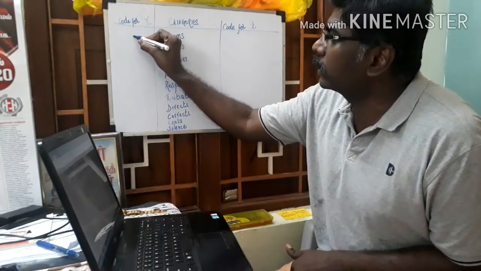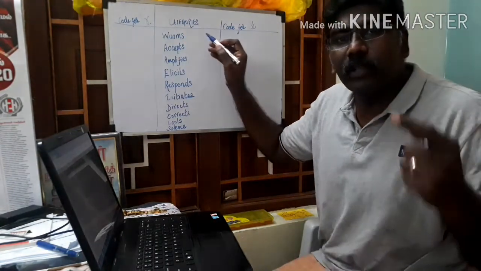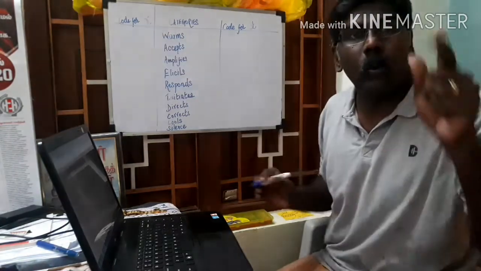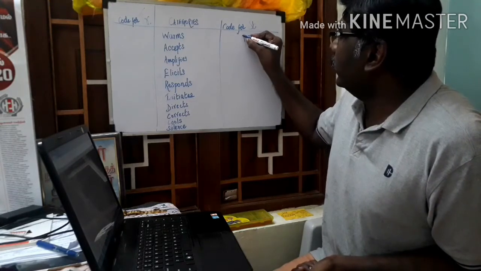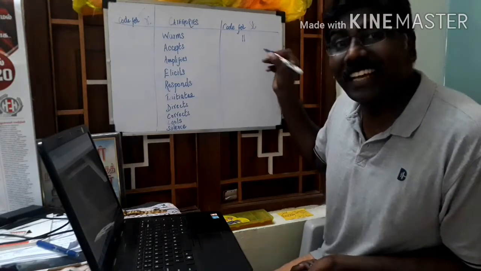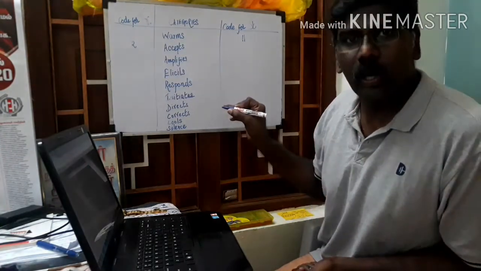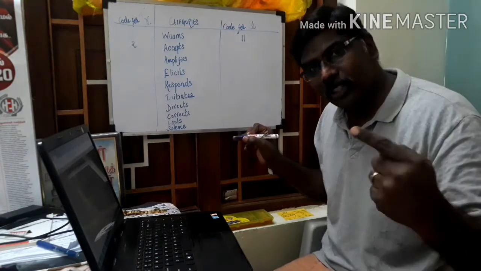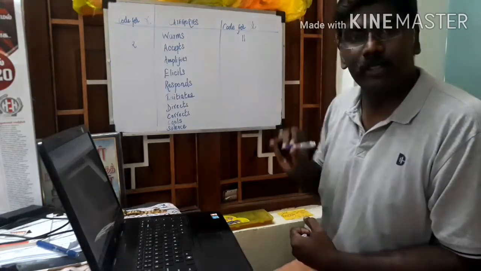The first one is number 1. When the teacher is involved in warming up the class, you have to give 1. When the student is involved in that, the code number is 11. And the same way it goes on. When the teacher accepts the responses or any answers of the students, you have to give 2.